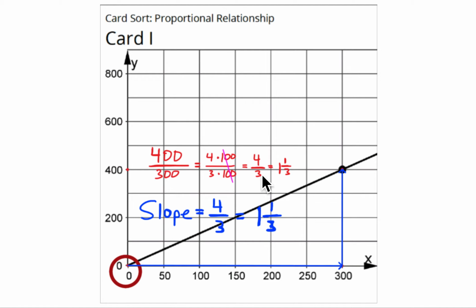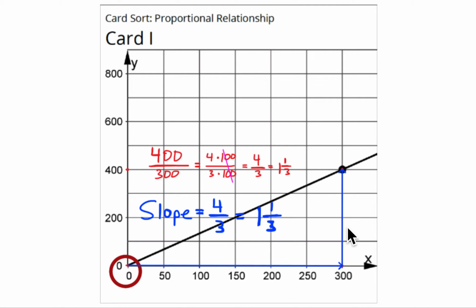This is 4/3. The number of units along the y-axis is 400 in this case. The number of units along the x-axis is 300. Well, 400 is 4/3 of 300. If you take 300, divide it into thirds, each third is 100. 400 then is 4 of those thirds.